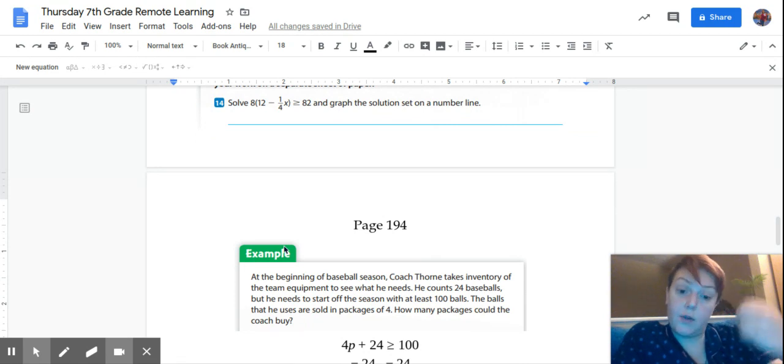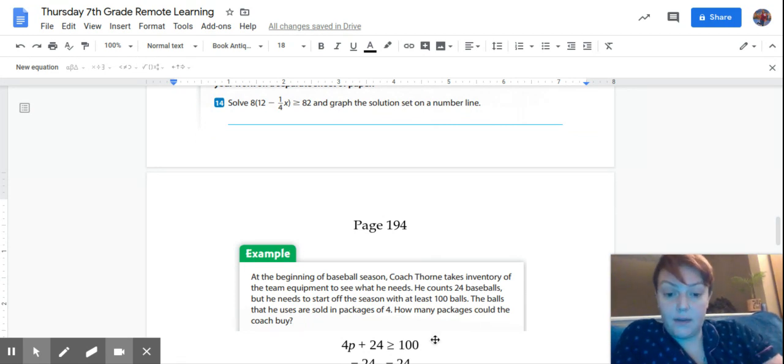So Coach Thorne has 24 baseballs, but he needs to start the season with at least 100 baseballs, and so that's a greater than or equal to. He has 24 of them, but the baseballs that he uses are sold in packs of 4, and so 4 per pack plus the 24 that he has already needs to be greater than or equal to 100 baseballs.